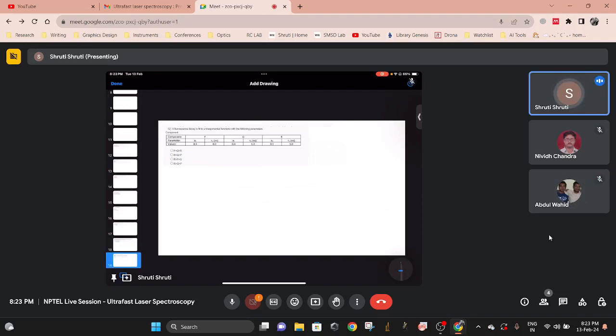So this is again a numerical question. What the question is: a fluorescence decay is fit to a tri-exponential function. So now you have the sum of 3 single exponentials. Okay, tri-exponential.